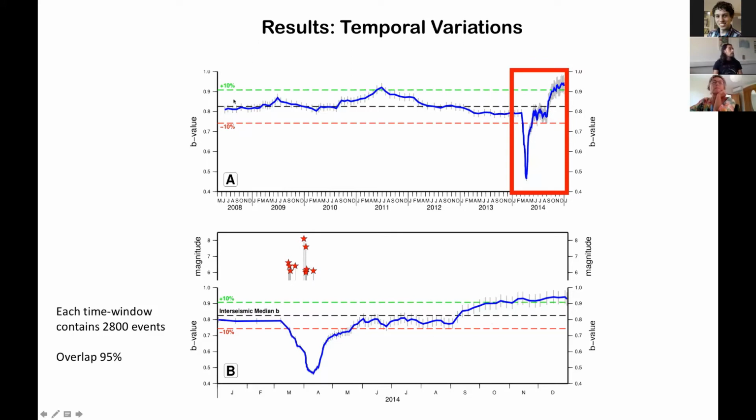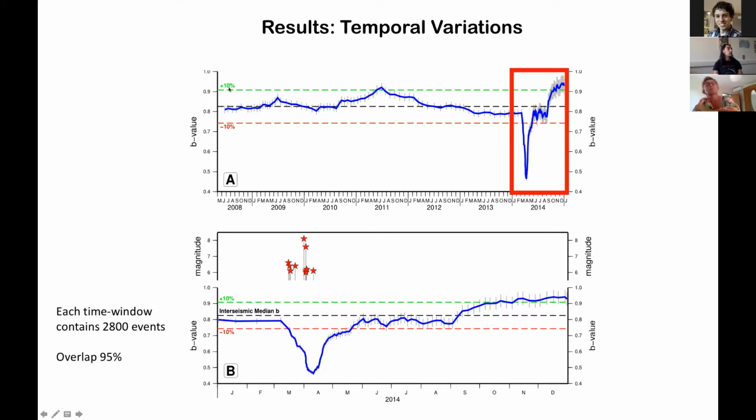So what are these horizontal segmented lines that we see here? In black, we see the median of the interseismic b-value, which in this case I think is around 0.82 or something like that. The green and the red segmented lines indicate plus and minus 10% from the median.